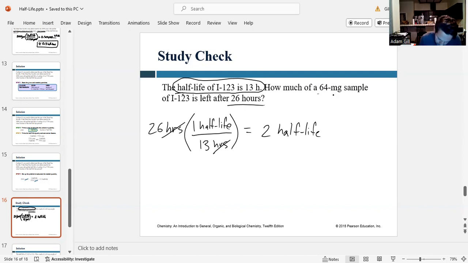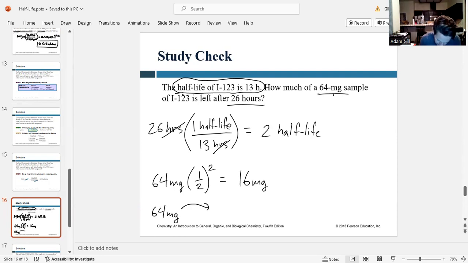The initial sample was 64 milligrams. So we are going to cut that in half twice, which should be 16 milligrams. So the other way to think about that, right, is if you had 64 milligrams initially, you're going to cut it in half over 13 hours because that's the half-life.